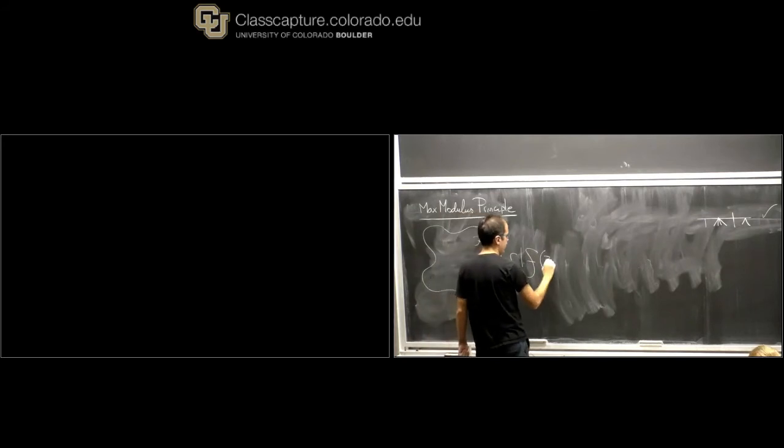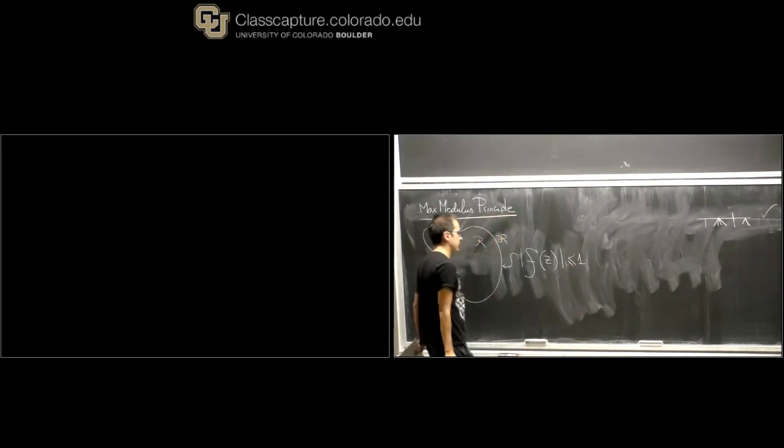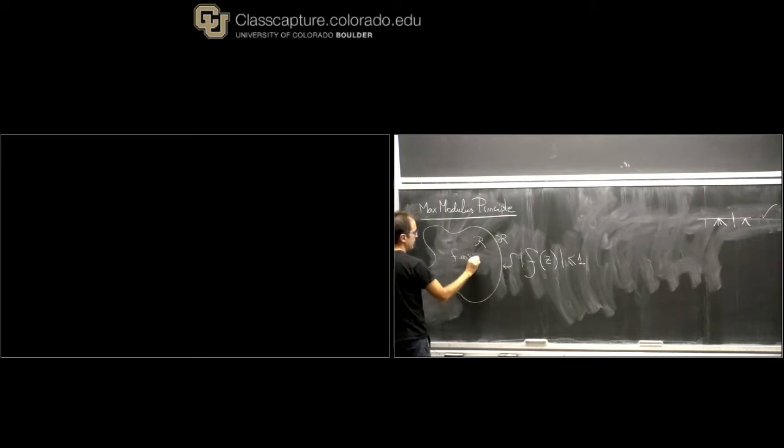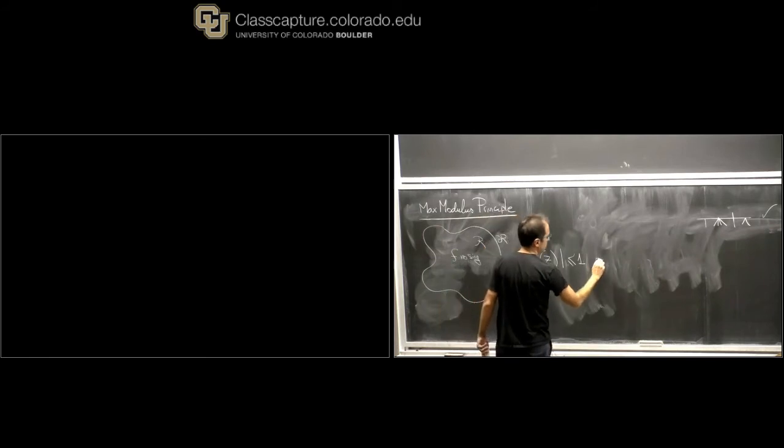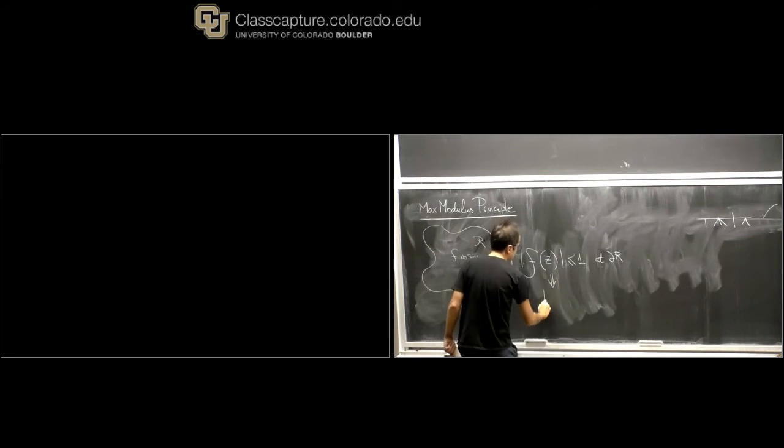So I have some function f of z that is smaller or equal than 1 at the boundary of a region. And suppose the function f has no singularities inside that region. It's a holomorphic function without any singularities inside, no poles. Then the maximum absolute value principle is just a statement that if this is true at the boundary of R, this is also true in the full region R.